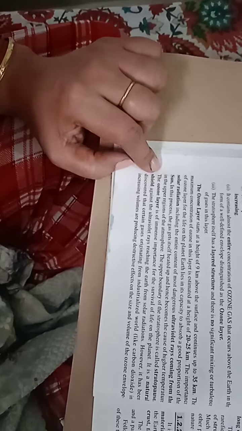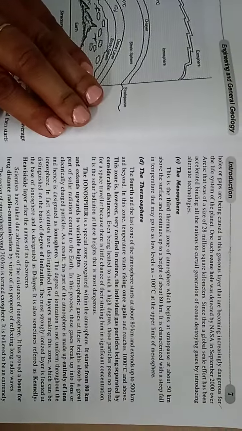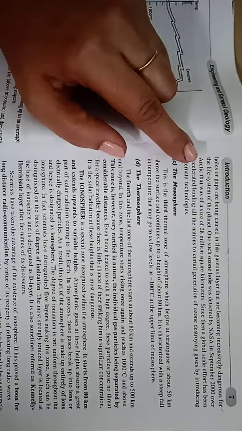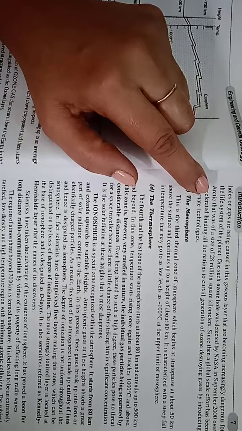However, it has been discovered that certain gases originating from the industrialized world, like carbon dioxide, in increasing volumes are producing a destructive effect on the size and volume of the ozone envelope. Holes or gaps are being caused in this gaseous layer that are becoming increasingly dangerous for the life systems of the planet.